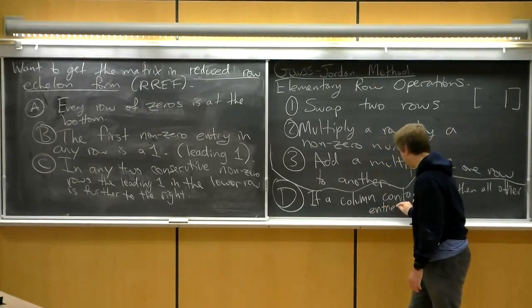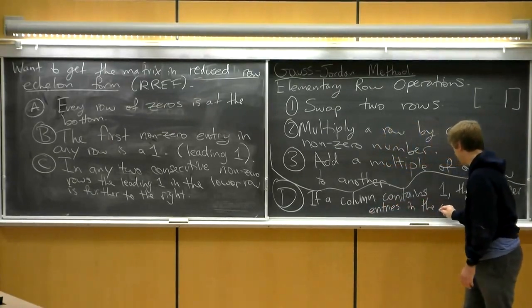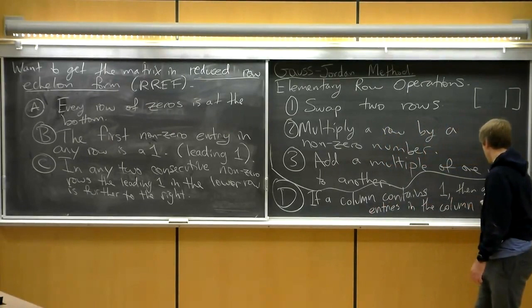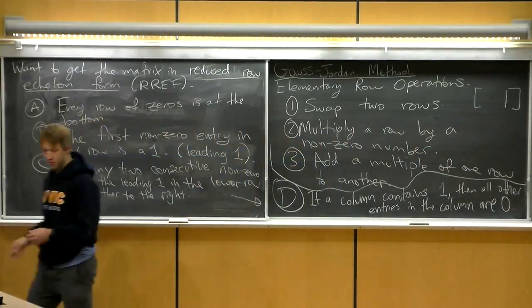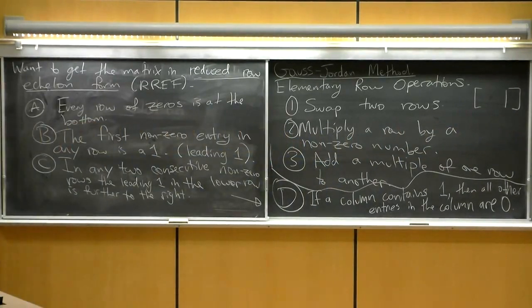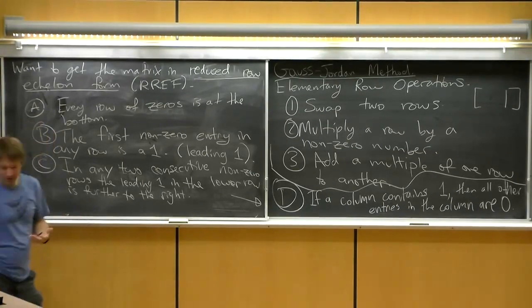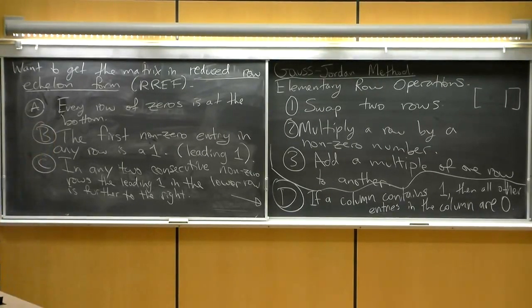So all other entries in the column are 0. This is the fourth property of reduced row echelon form. Okay, so this is all really super dry and boring rules. It might seem a little bit confusing, but if you do a few examples, you'll get some feeling for what this is.